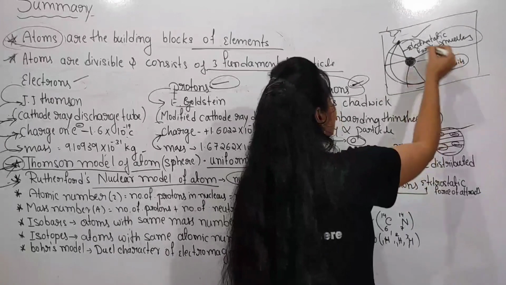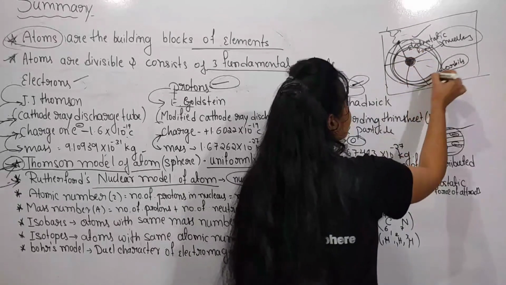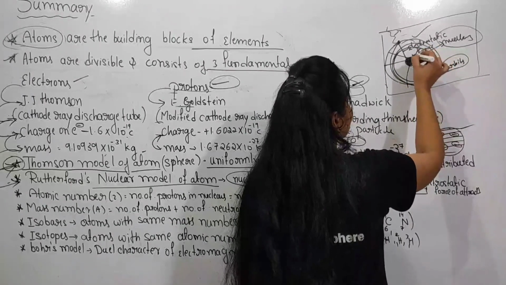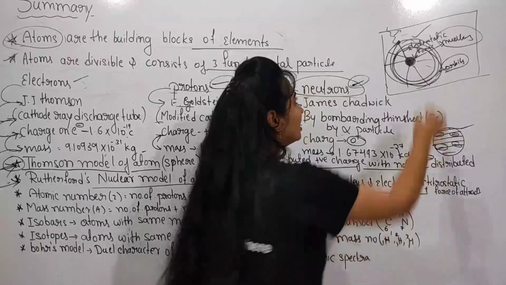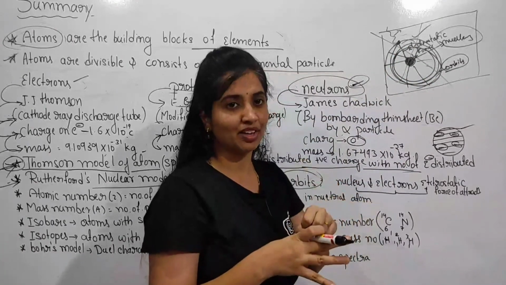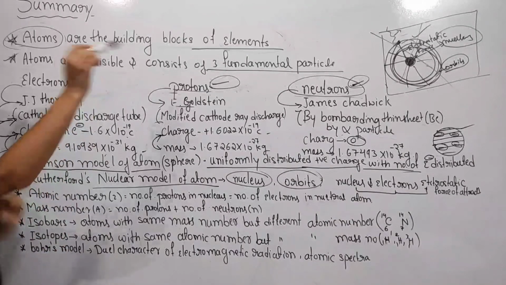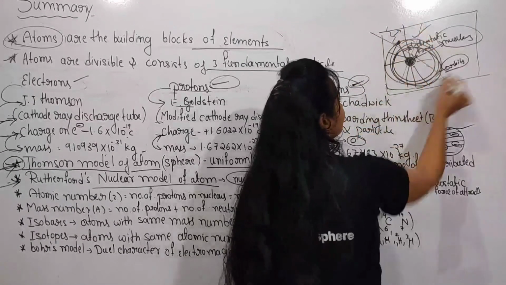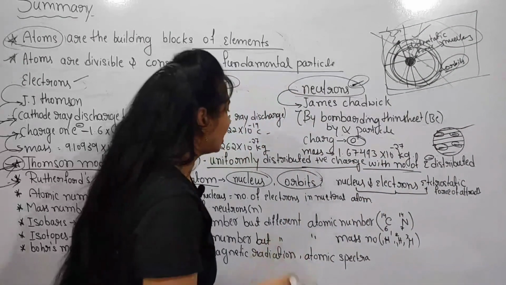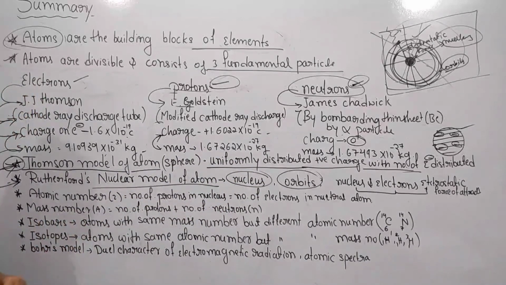It loses energy and falls onto the nucleus, and then the atom would collapse. But this does not happen in an atom. So it is the drawback of Rutherford's model of an atom. He fails to explain this fact, so Rutherford's model also fails to explain the structure of an atom. And the next theory is Bohr's model of an atom.